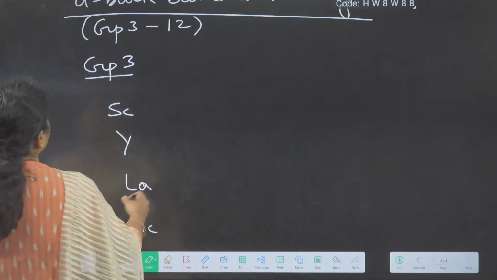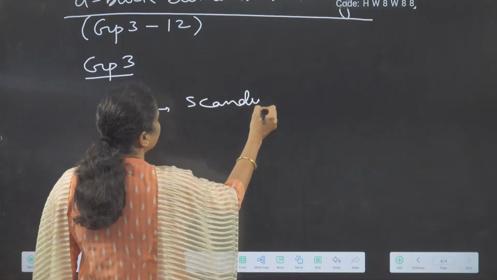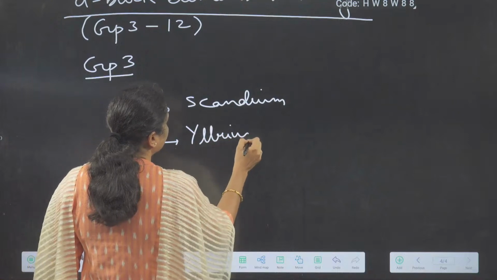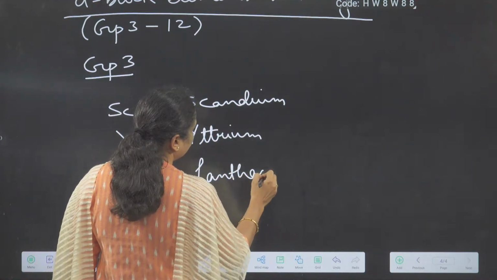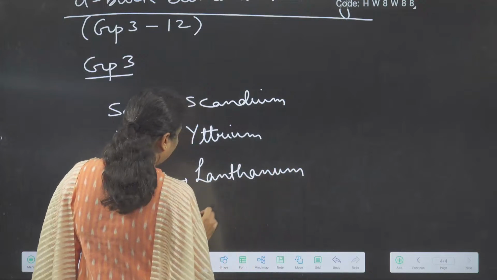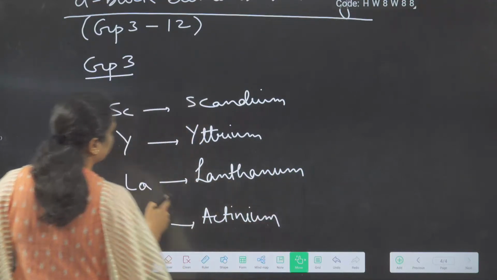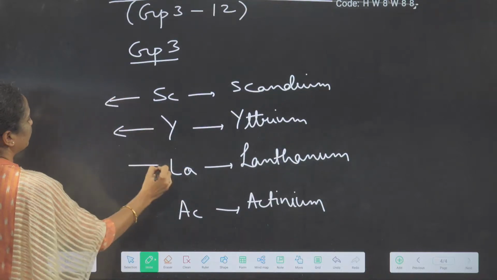So the thing is, here we can write down the elements: scandium, yttrium, lanthanum, and then actinium. And here I'll write down the mnemonic.